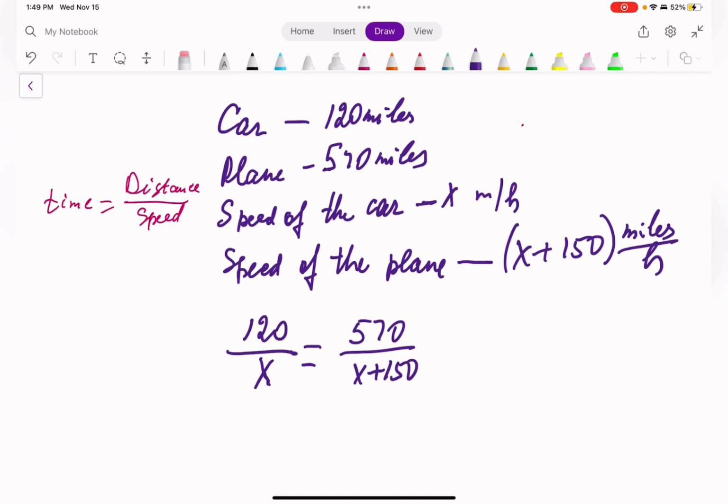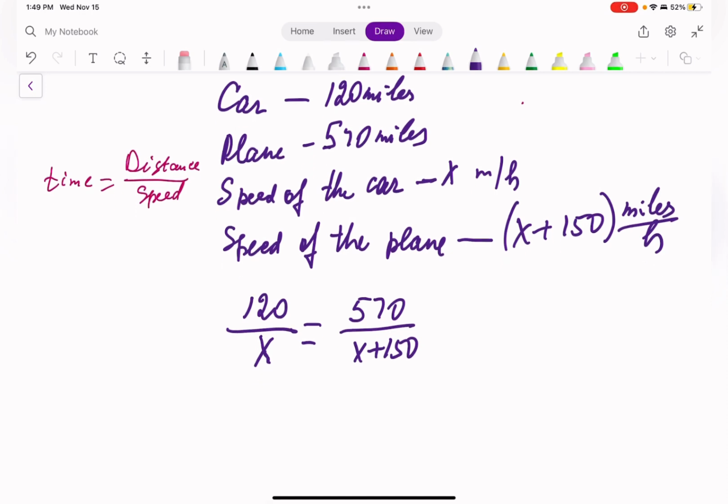So what is going to be our denominator? Here we have x, here we have x plus 150. They don't have anything in common, so it's going to be x times x plus 150.